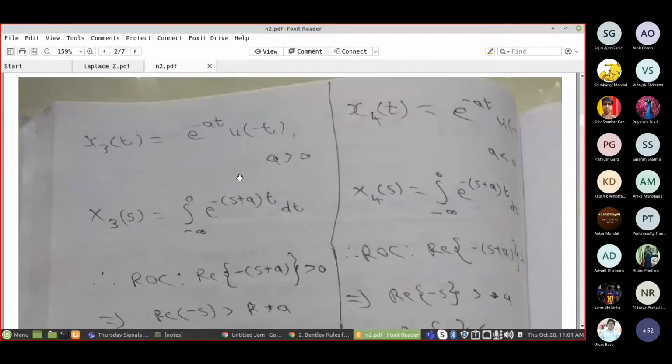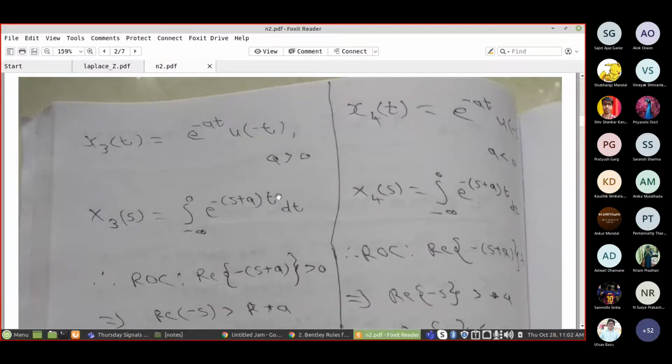Since we have u of minus t here, the interval of integration is now from minus infinity to 0, because the signal is 0 for the positive half. We have this integral to evaluate. Here t is negative, and we want this integral to be finite.